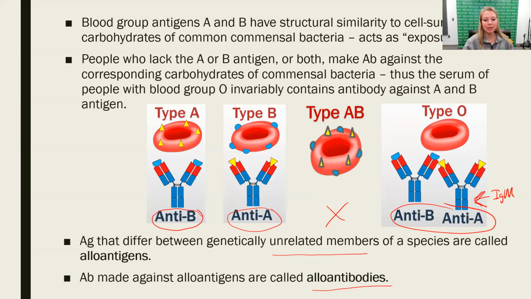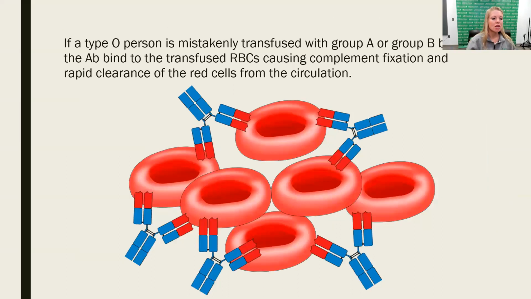So let's look at what happens if somebody is exposed to red blood cells that have alloantigens on them. Look here, if a type O person is mistakenly transfused with group A or B, so we can pretend there's A or B on here, then those red blood cells will be attacked.